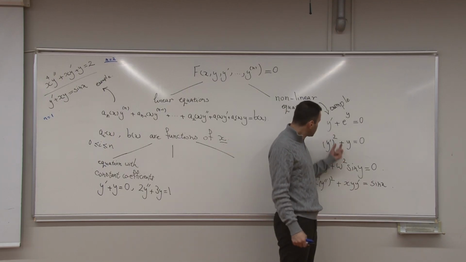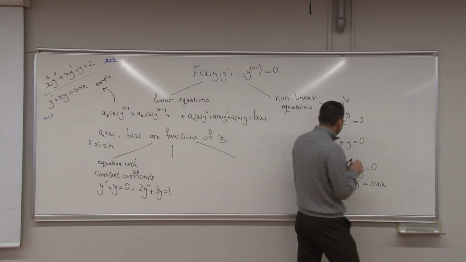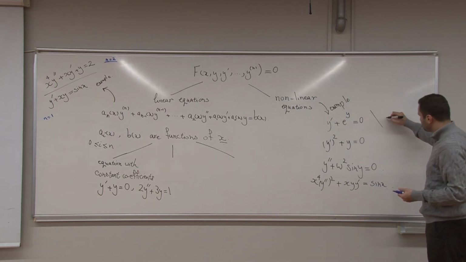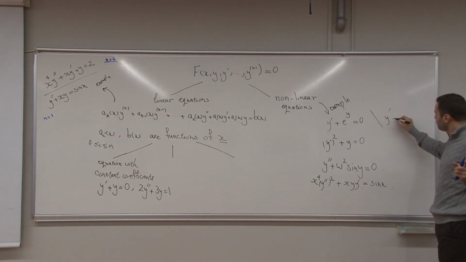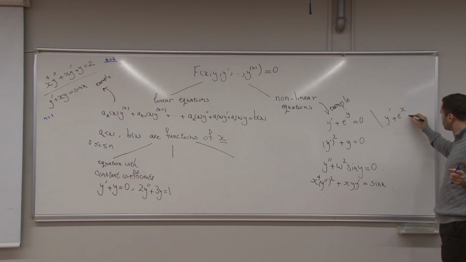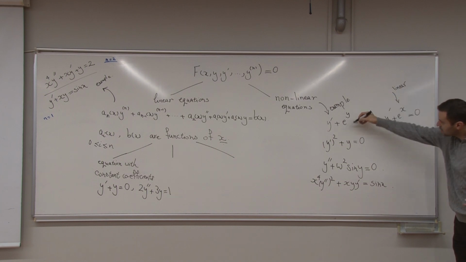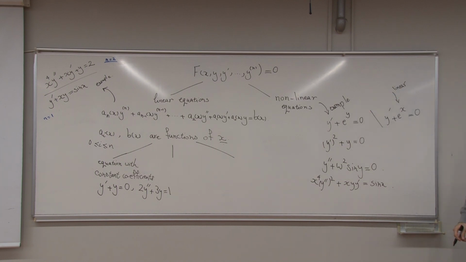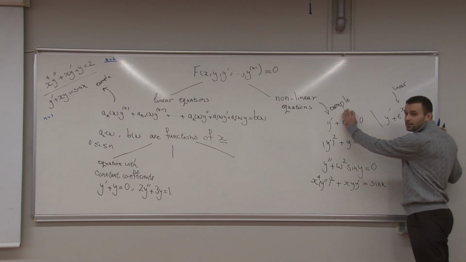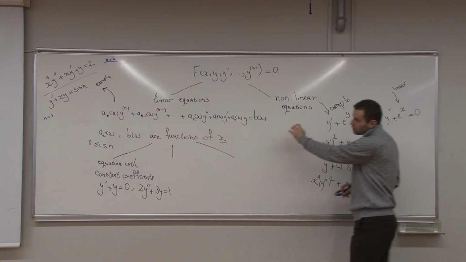Okay? So if we have here, just a second, if we have e to the power of x equal to 0, this is linear. This is nonlinear. You see the difference? Because now this is a function of y, not a function of x.